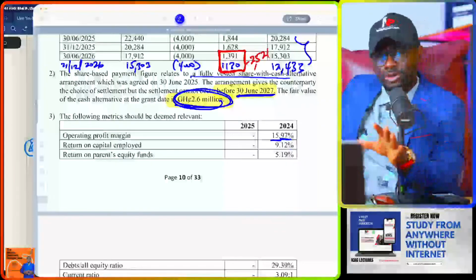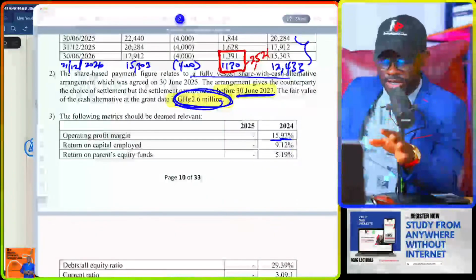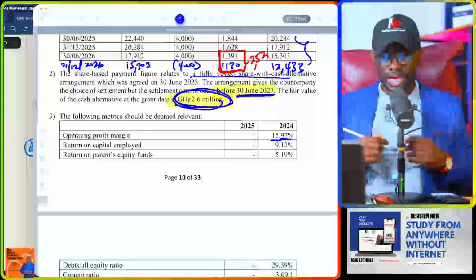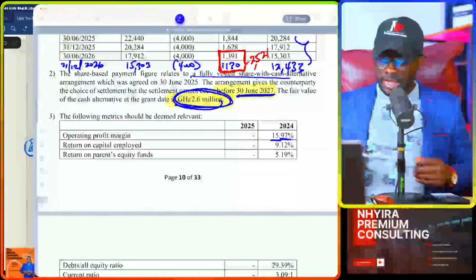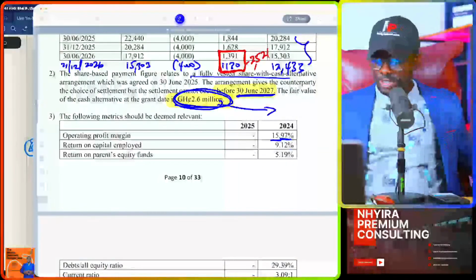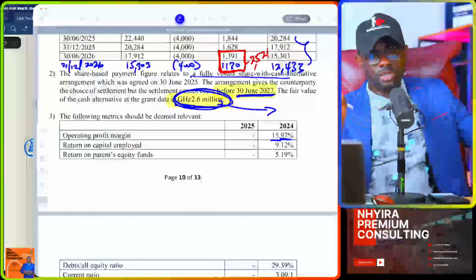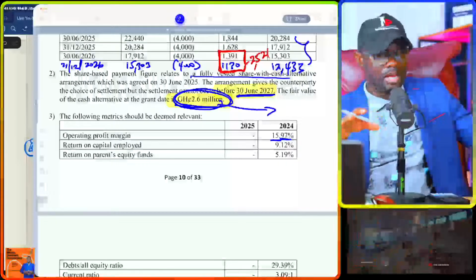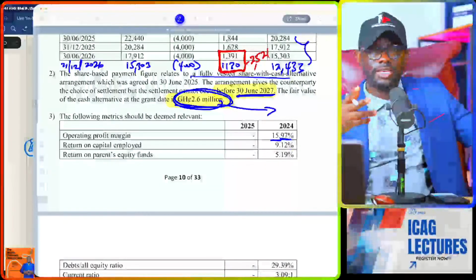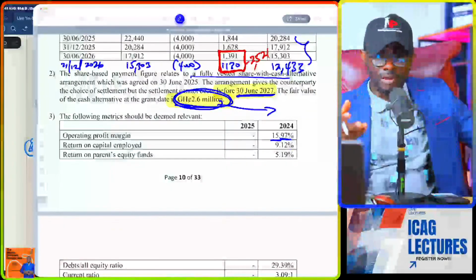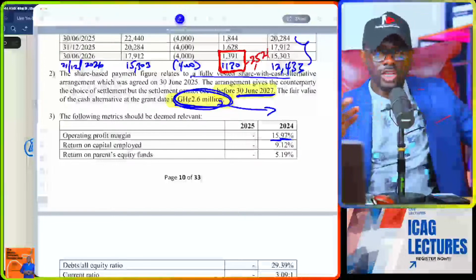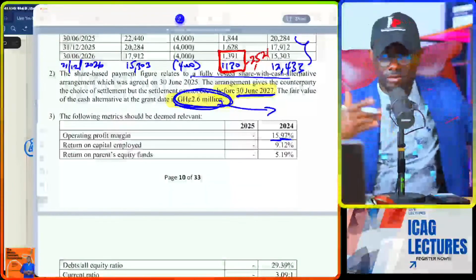Now, you see, this is the play here. There are two schools of thought for this particular workflow we just did. The first school of thought is that under the share-based payment, the cash settlement option is a liability, but on subsequent measurement, it wouldn't be carried at amortized cost. If anything, it will be remeasured at fair value so that any fair value changes will come to the P&L account.